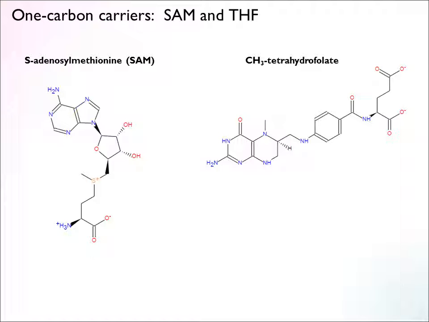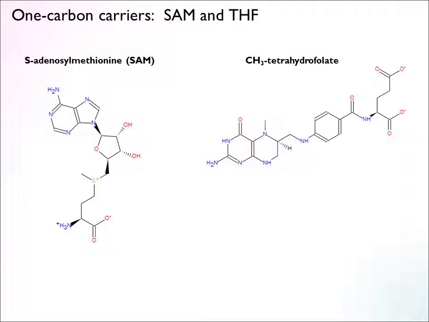So one is S-adenosyl methionine over here. And this is a metabolite that is basically composed of methionine, this moiety, and the methyl group is actually the methyl group that is part of methionine. And then this is attached to adenosine, the nucleoside.